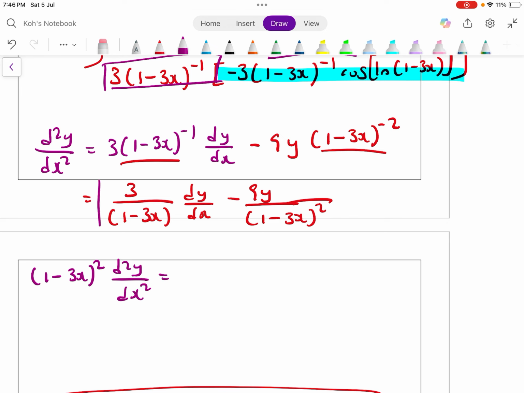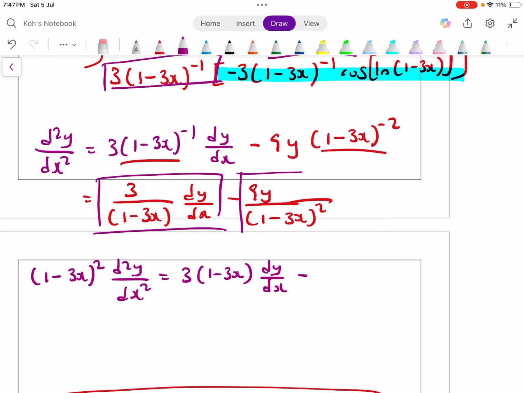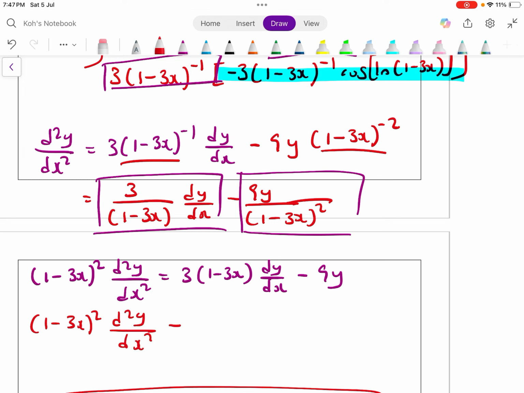So the first term on the right hand side will be (1 minus 3x), because I multiply by (1 minus 3x) squared, the denominator is gone. So here is dy/dx minus, so I multiply by the second one, so the whole denominator is gone. What is left is only the 9y. So I just need to move everything to the left hand side. So this will give you (1 minus 3x) squared d²y/dx² minus (1 minus 3x) dy/dx plus 9y is equal to 0.